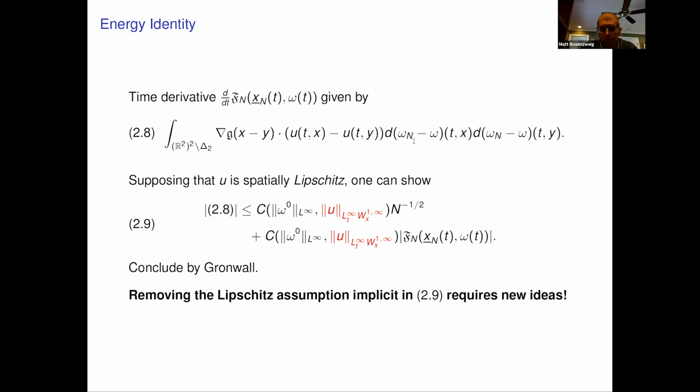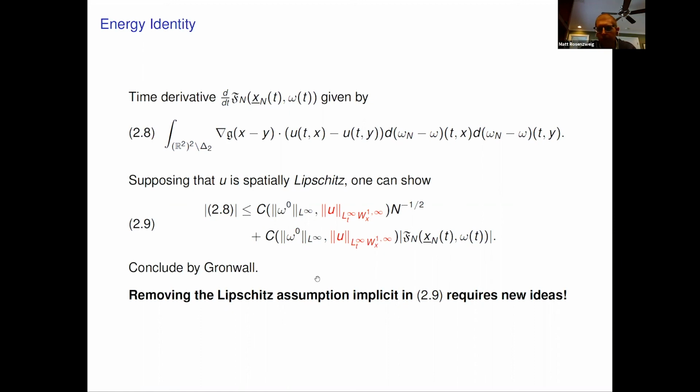You can show, with a bit of hard work, that what's in 2.8 is controlled by some constant, which depends on the L infinity norm of the initial vorticity and on the Lipschitz norm of the velocity field on some compact time interval. So you have this additive error term, and then the modulated energy itself. Once you have this, you can conclude by a Gronwall argument.